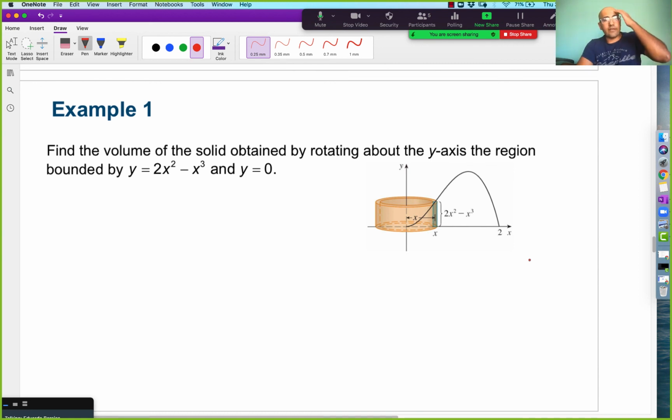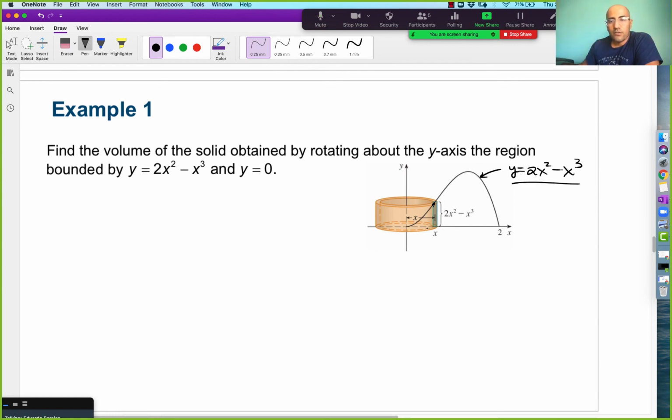Okay, so we probably have a pretty good idea, but nothing beats actually seeing it. So let's go back to the original question we were looking at. Here is an equation that gives you this curve, y equals 2x squared minus x cubed. For any value of x, we have one unique value of y, so the relationship between x and y is given by this.